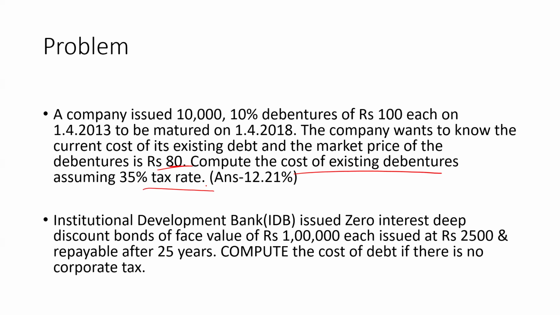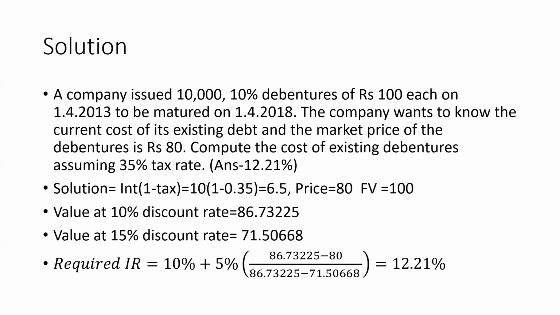So here, the interest is 10 and the tax rate is 35%. You'll get the interest after tax as 6.5 rupees, price is 80 rupees, face value is 100 rupees.